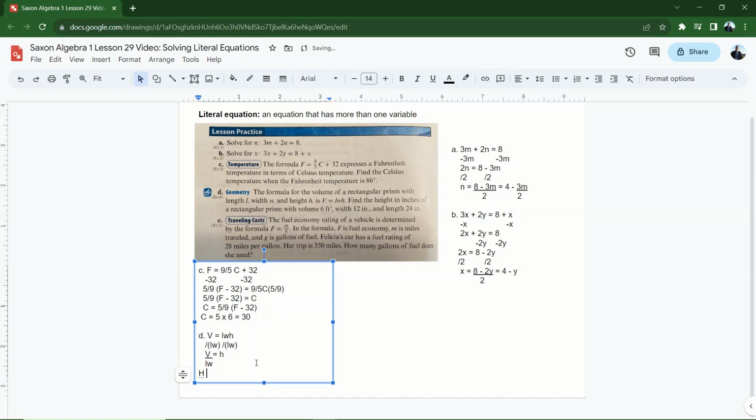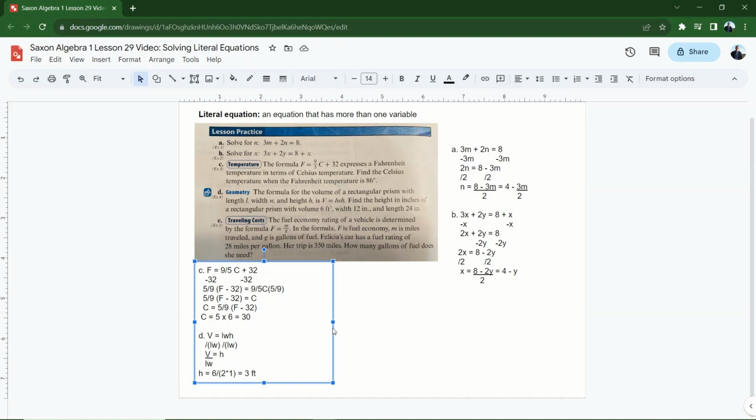So H, my height, equals the volume of 6 feet cubed divided by the length, which is 2 feet, times the width, which is 1 foot. So the height is 6 divided by 2, or 3 feet, or 36 inches, however I want to express that. But that's the height of this rectangular prism.